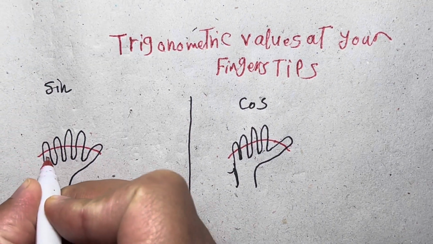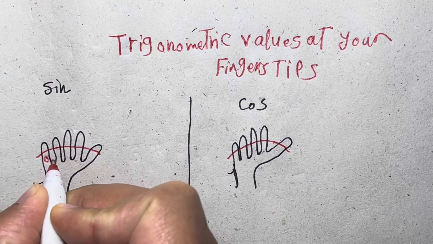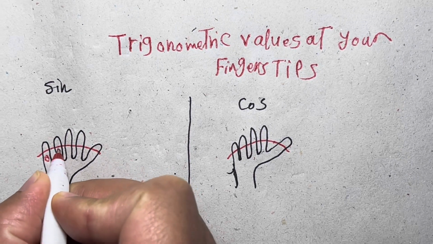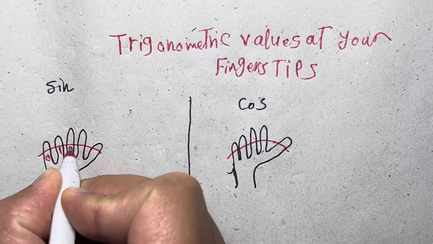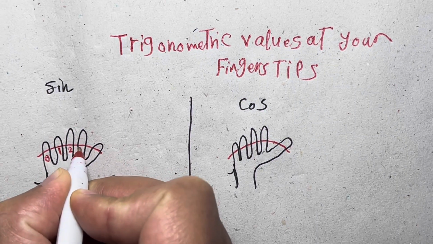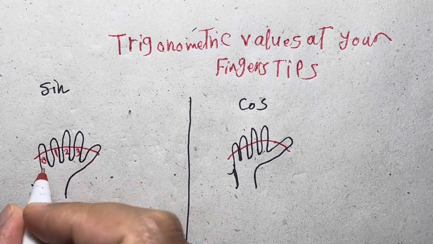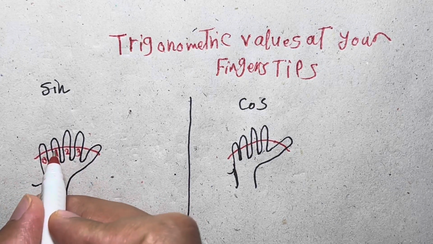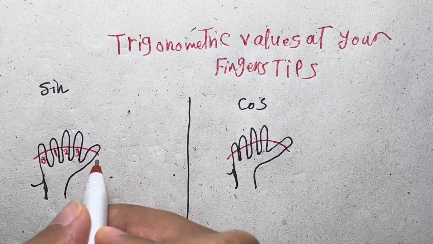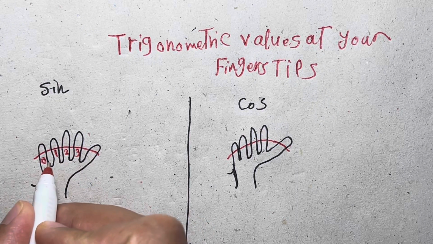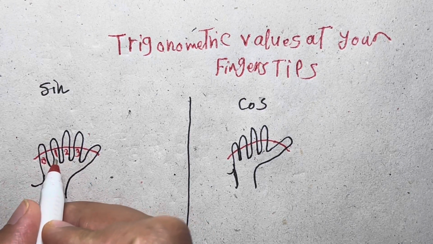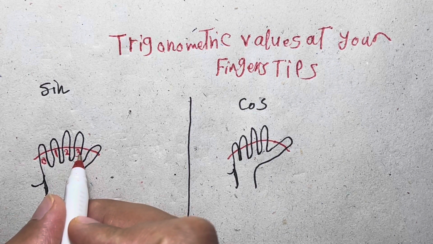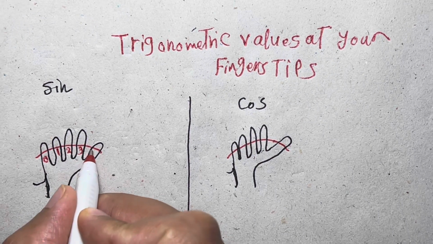I will put here 0, 1, 2, 3, and then 0, 1, 2, 3, 4.